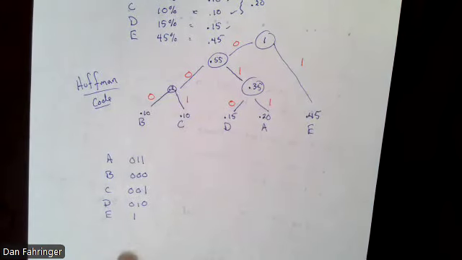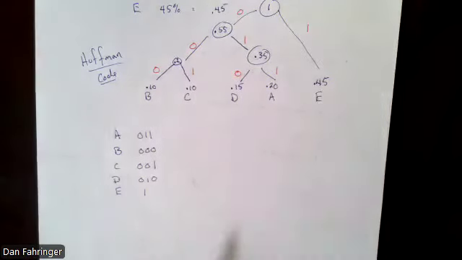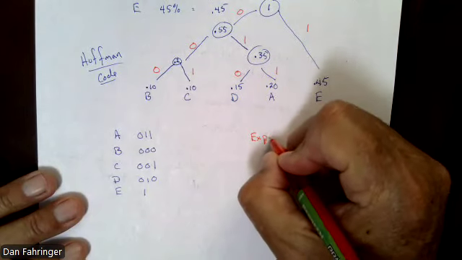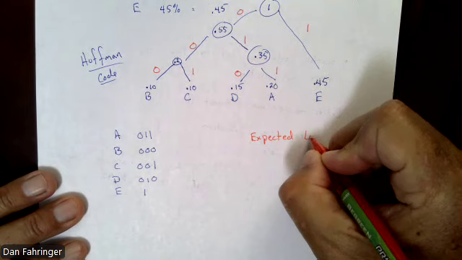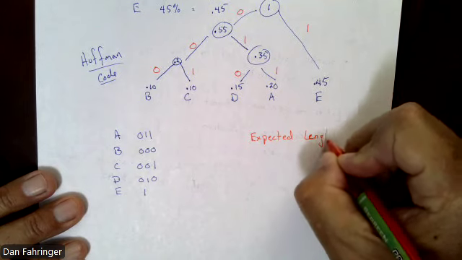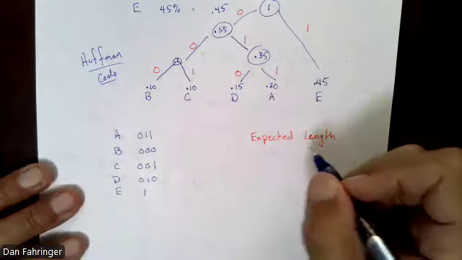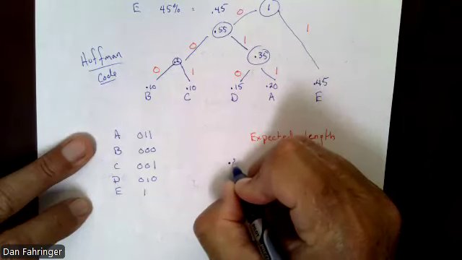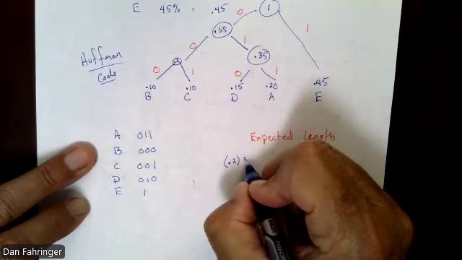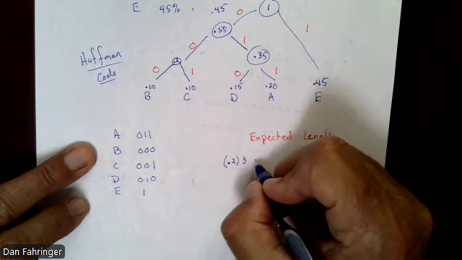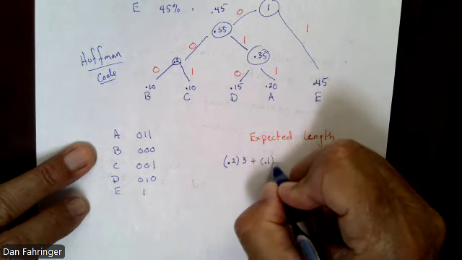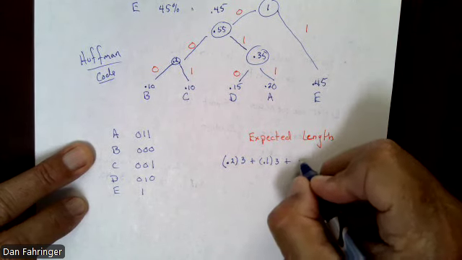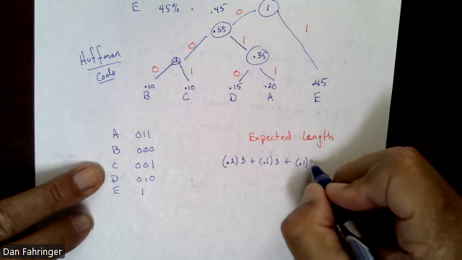Its advantages are it's going to be short in length. For example, I'm going to look at something called the expected length. A is 0.2, but A is also 3 characters. It's 0.1, and it's also 3 characters. C is a 0.1. It is 3 characters.